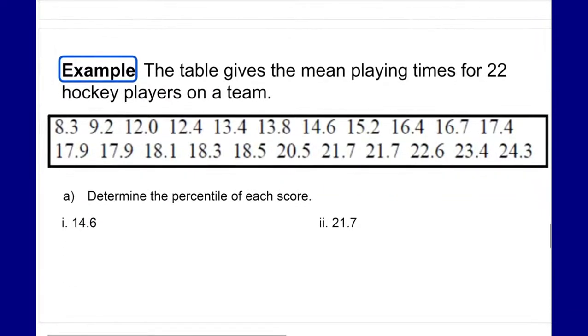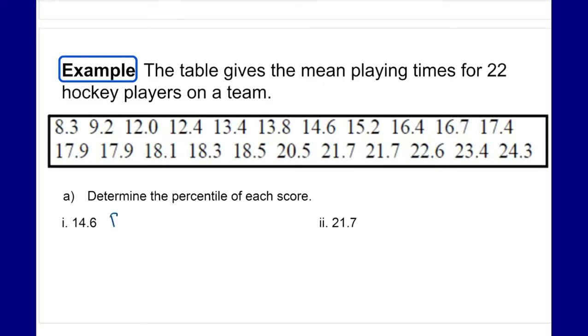So let's look at one of the examples. The table gives the mean playing times for 22 hockey players on a team. We want to determine the percentile of each score, so what percentage of the data is less than the time that we have. The first one, 14.6.